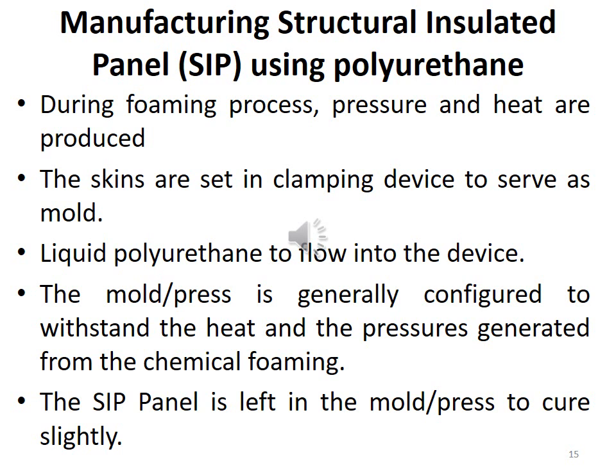When manufacturing a panel with a polyurethane core, pressure and heat are generated from the expansion of the foam during the foaming process. The skins are set in a large clamping device which functions as a mold.